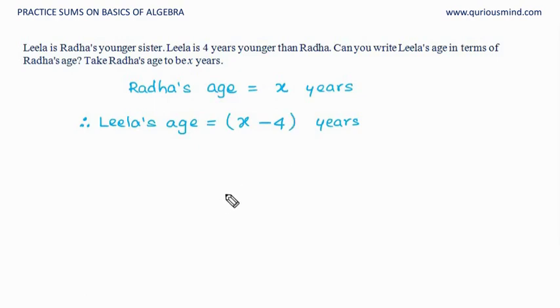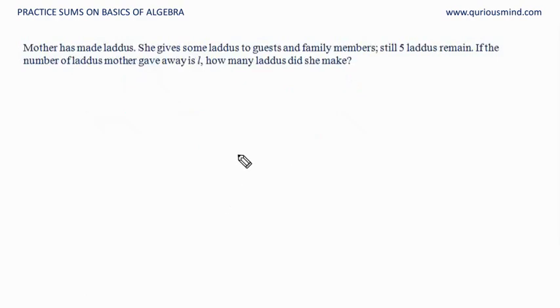Okay, let's do the next one. Mother has made laddus. She gives some laddus to guests and family members. Still 5 laddus remain. If the number of laddus mother gave away is L, how many laddus did she make? So laddus given away is equal to L. Now she has given away laddus and still 5 laddus are remaining.